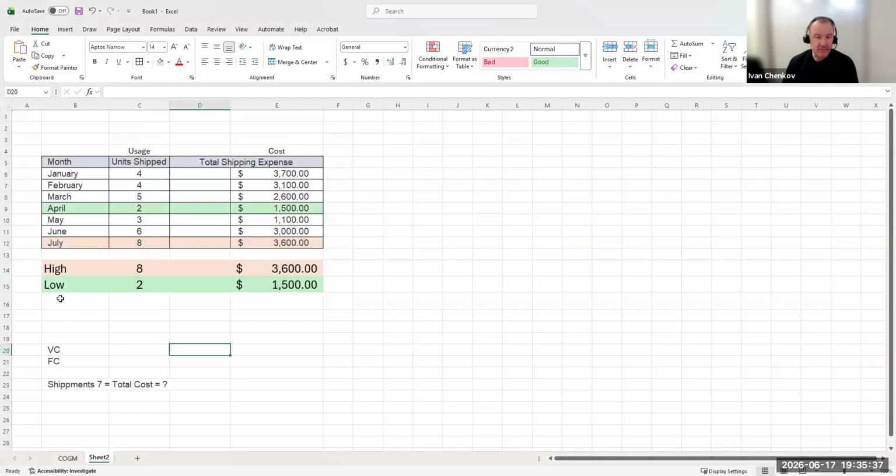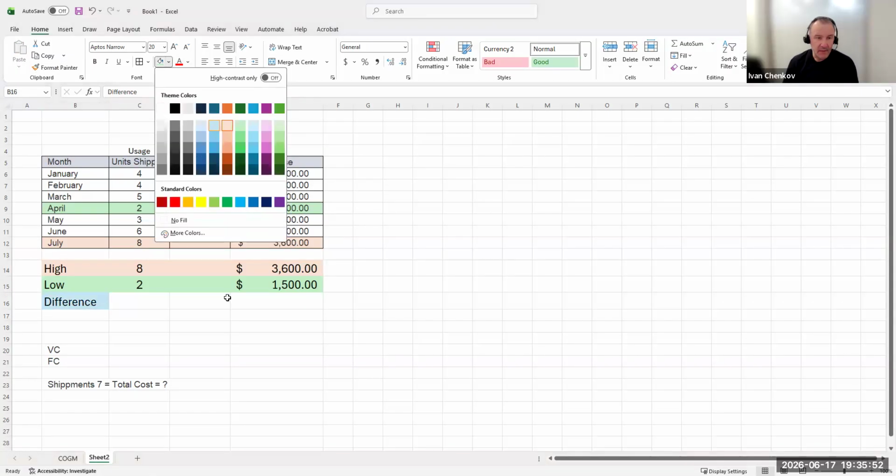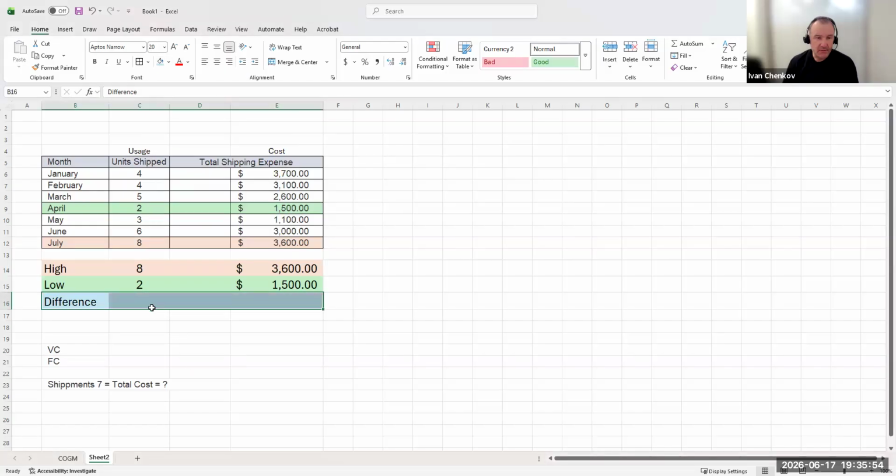I already have identified all the costs. So what I'm going to look at is the difference. Once I find the difference, I can start using the calculation. Let's go here. The difference between one and the other: here I'm going to have 8 minus 2.